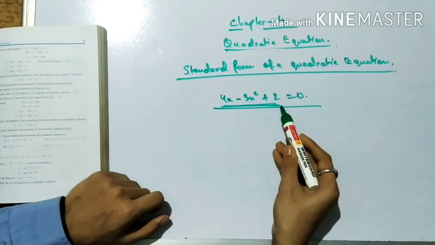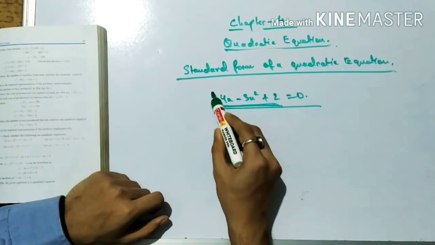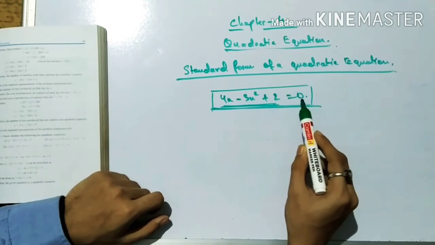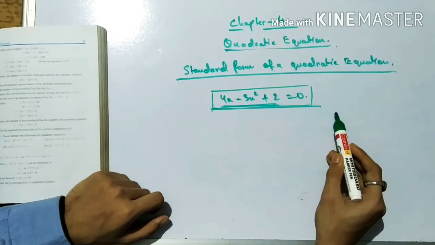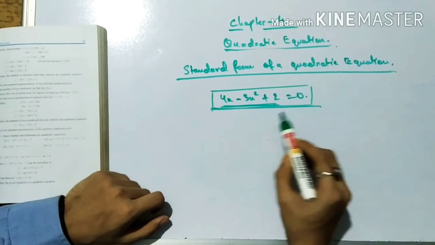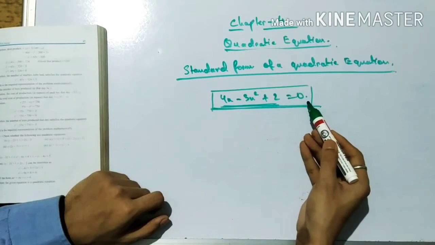So this is a quadratic equation, but it is not in its standard form. If I want to write this quadratic equation in standard form, then I will have to write it in the decreasing order of its degree.